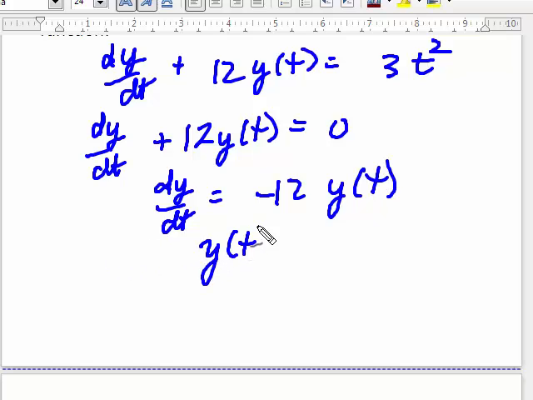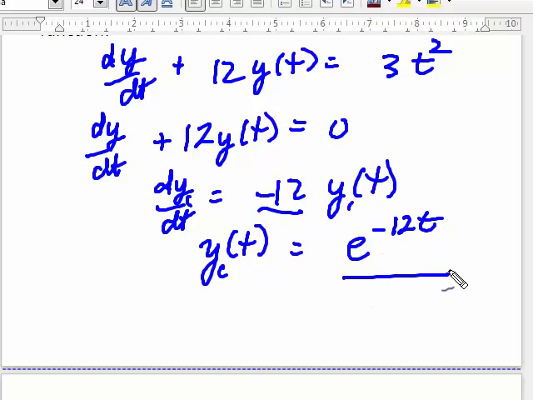So y of t, this will be the complementary one, equals e to the minus 12t. If I take the derivative, the minus 12 is in front, and then the next term is e to the minus 12t. Okay, so I look up here at the 3t squared and I say they're very different, so I'm going to go ahead and model my particular solution directly after the forcing function.